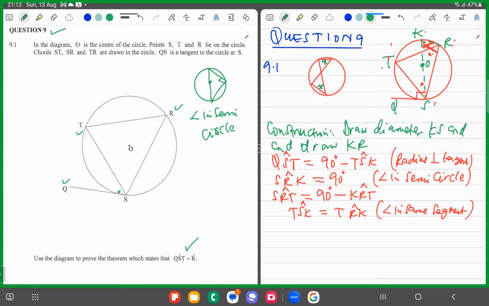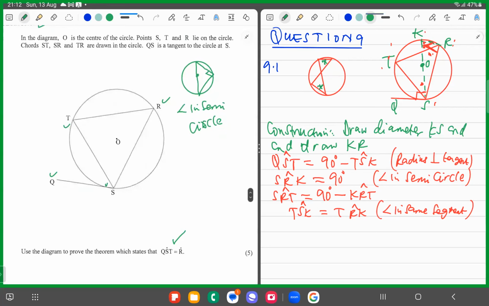Right, so let's continue and analyze this question. We're proving a theorem here, for 5 marks.